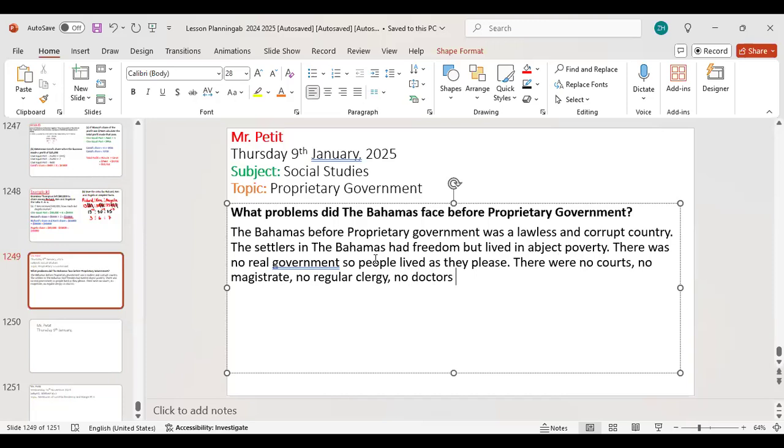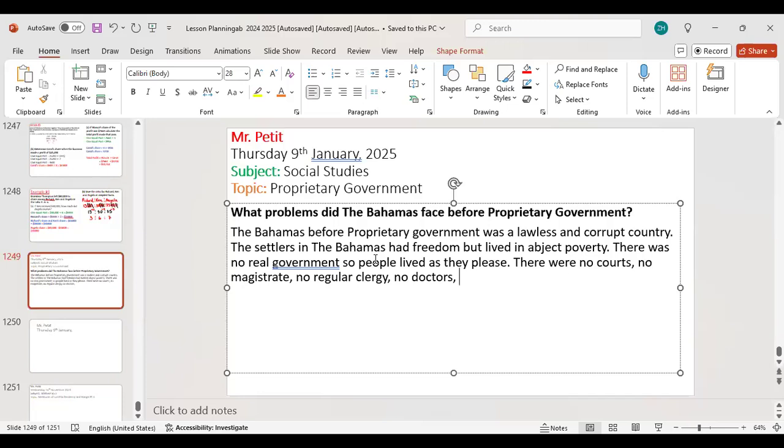Excuse me, Miss Petit. So you say they lived on land, like they just lived off the land? Off the land, yeah. So they weren't like Vikings or nothing? No. This is the settlers. Remember, settlers were a mixed amount of people. Some of them were part of the Lutheran Adventurers who came from Bermuda to Eleuthera and then eventually to Nassau.